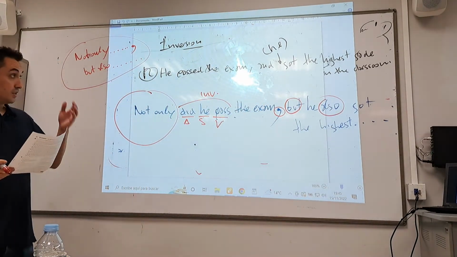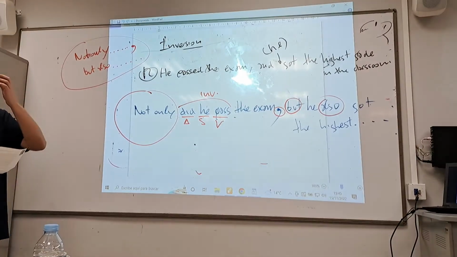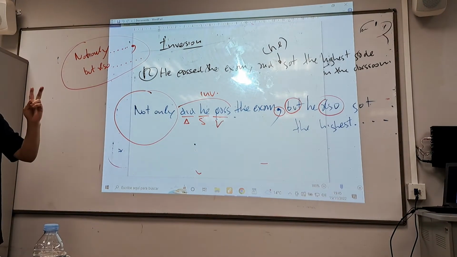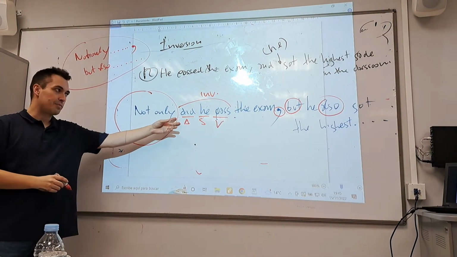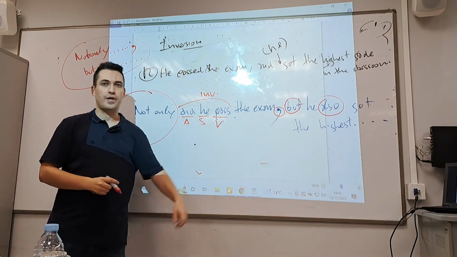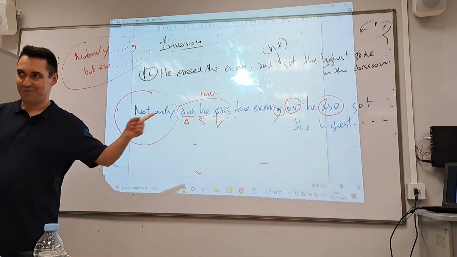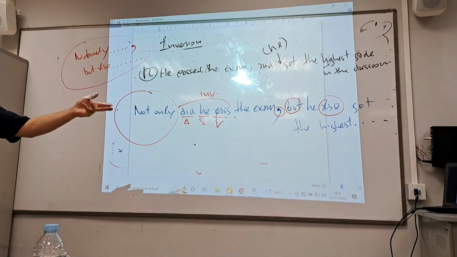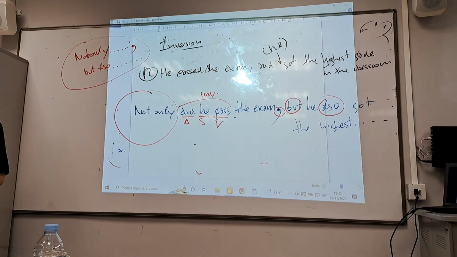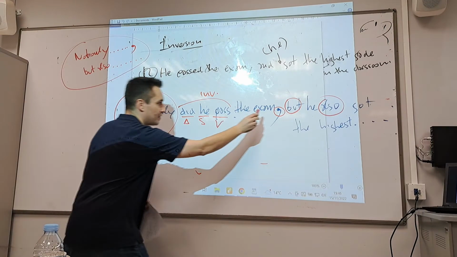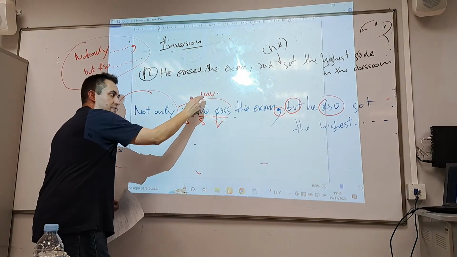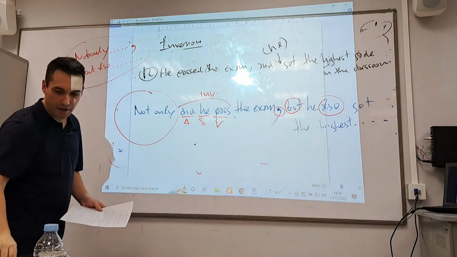What is the use of this? This is to emphasize that there are two important points. Not only this important point, but also that important point. So far so good? Remember, not only, but also, and the inversion happens there, after not only.